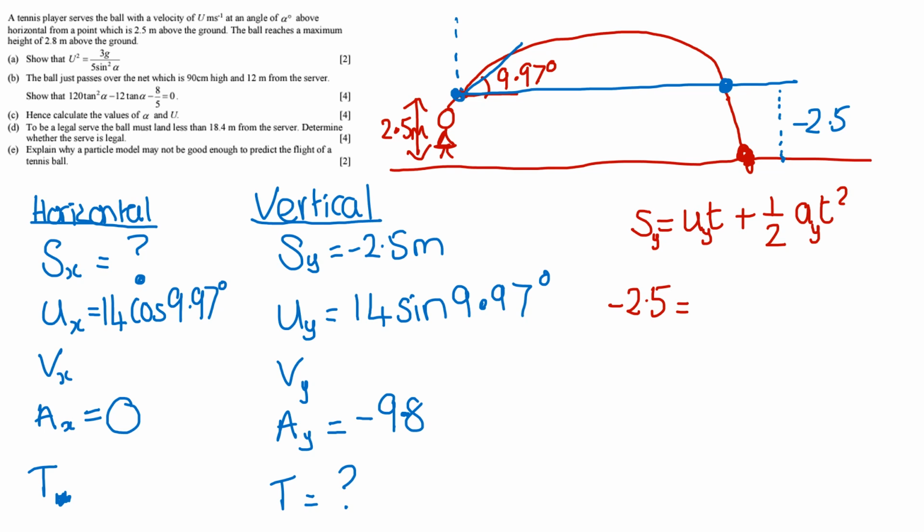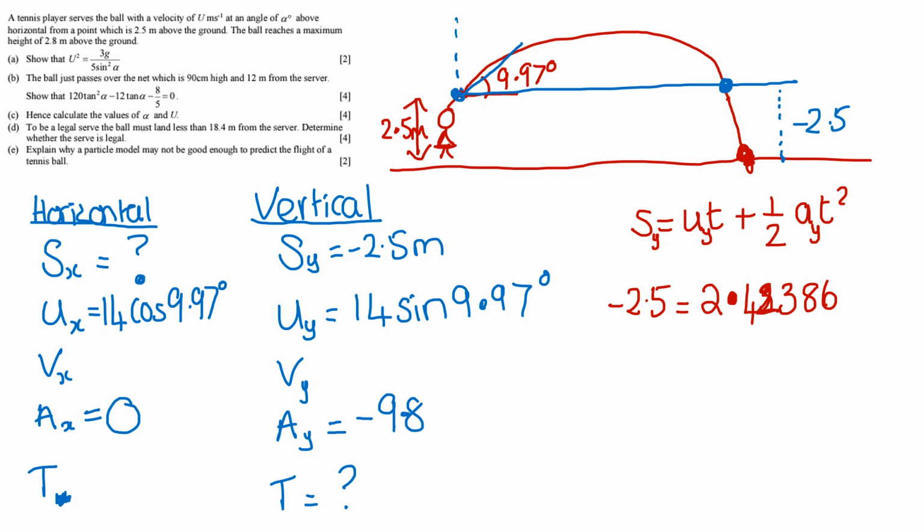So I've got 14 sine 9.97, make sure you're in degrees. That gives me 2.3, let's call it 2.386.